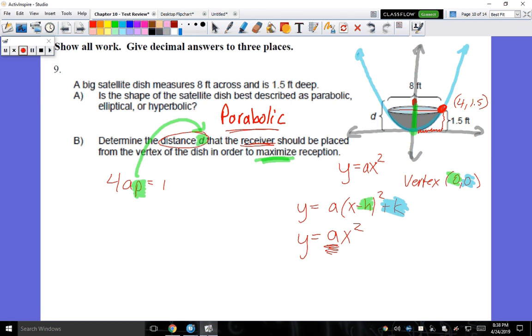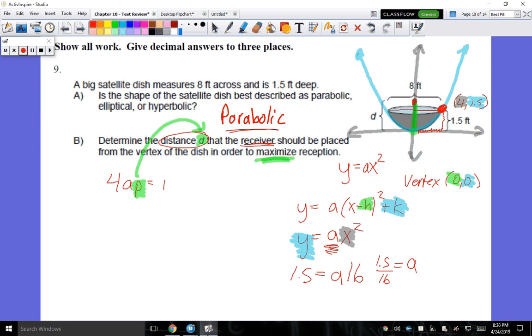Okay? So I'm going to use 4 for my x value here, and I'm going to use 1.5 for my y value here. This will allow me the opportunity to find what a is. So 4 squared is 16. Therefore, get a by itself. It'll be 1.5 divided by 16. And let's see what we get with the calculator.